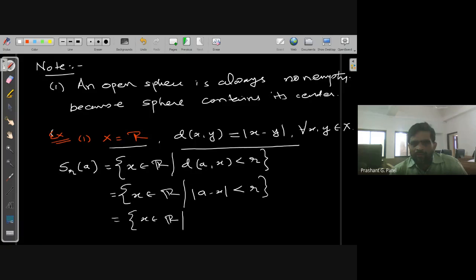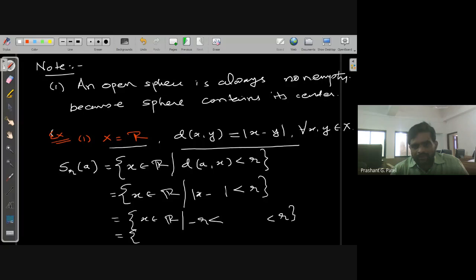On the real line, that means x minus a is between minus r and r. It is better to write this as x minus a, instead of writing a minus x.